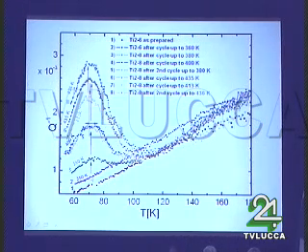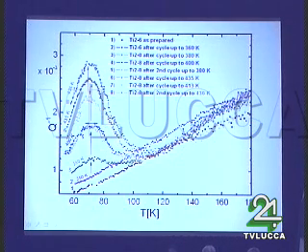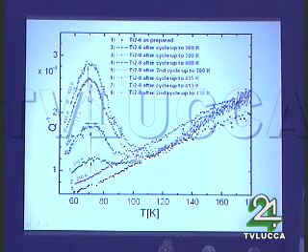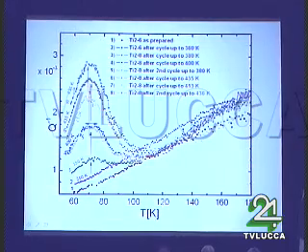Then we performed several experiments. One indicative set of experiments is the following. The peak develops when the annealing temperature is increased, develops and increases. But if annealing is made at a temperature lower than the previous annealing, the peak decreases.